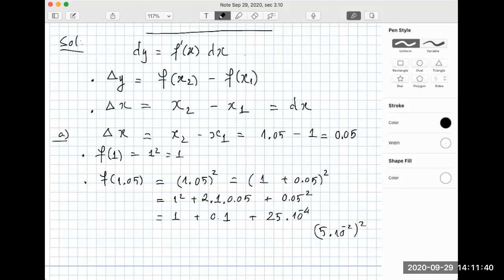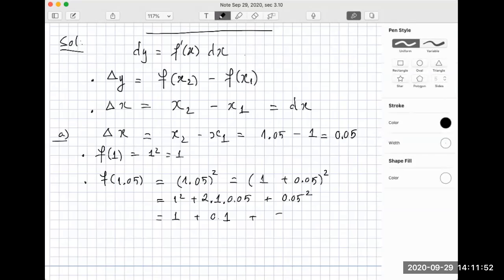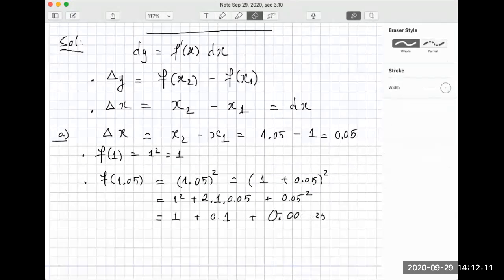Okay. So sum them up. 25 times 10 to the minus 4, or we can write it as 0.0025. 10 to the minus 4.